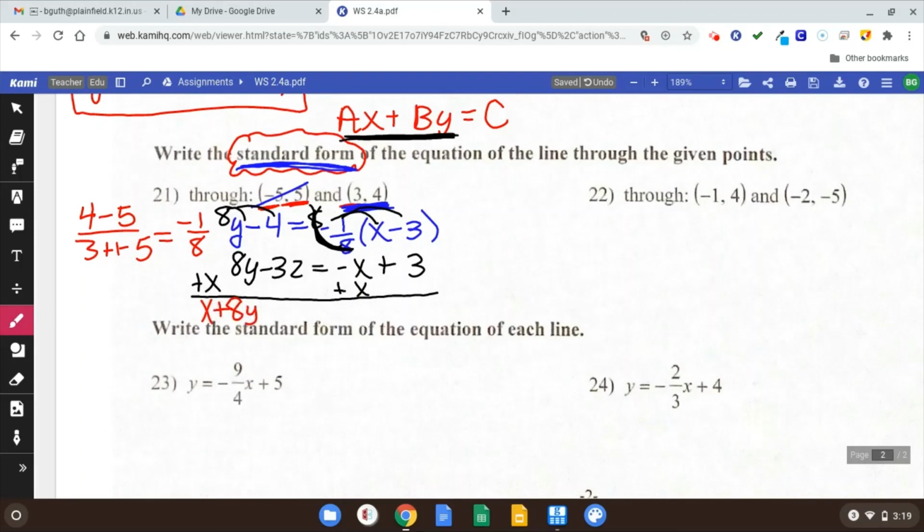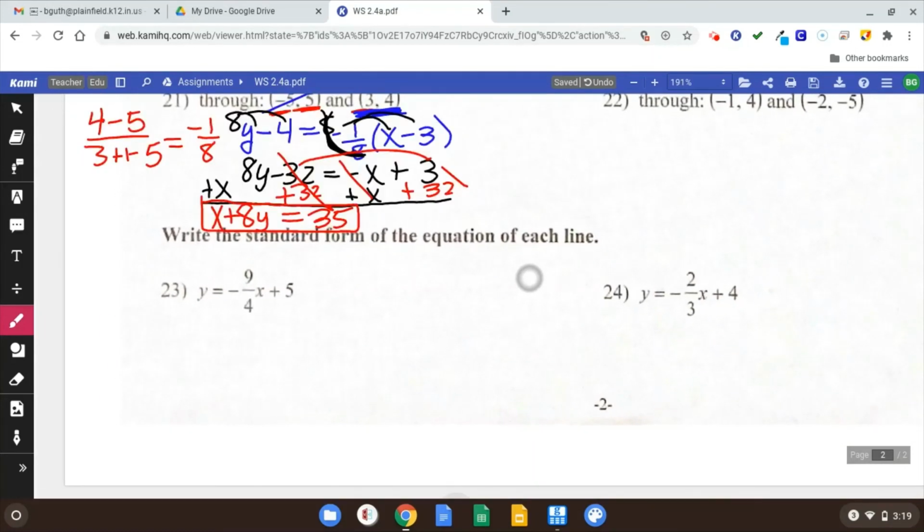All right, but you know what? I want this negative 32 over here as well. So I'm going to go ahead and add this 32 over to cancel that. I don't want that number on the left. I want the number on the right because that's what it looks like in my standard form. So these two things cancel. I've got 3 plus 32 is 35. X plus 8y equals 35, and there's my answer. That's standard form.